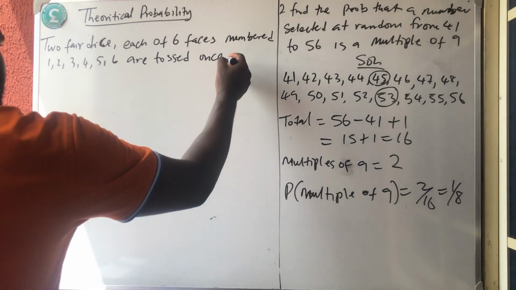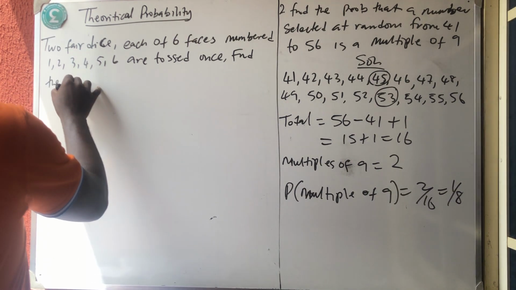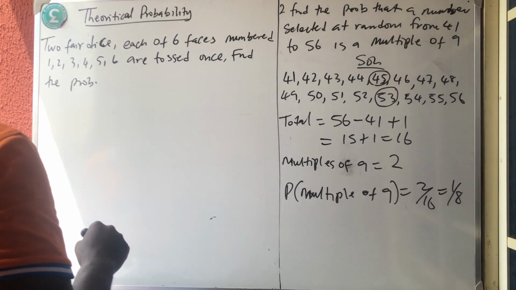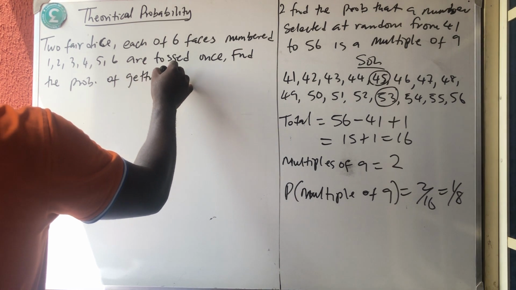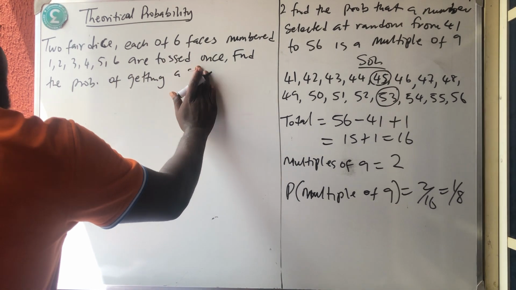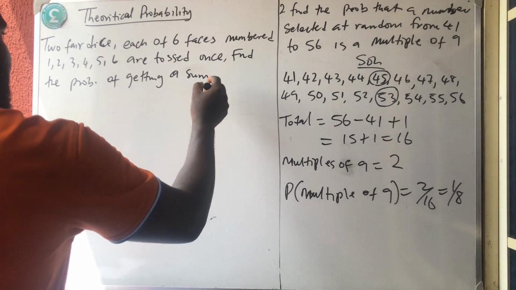Find the probability of getting a sum greater than 10. Okay, the plural is dice.